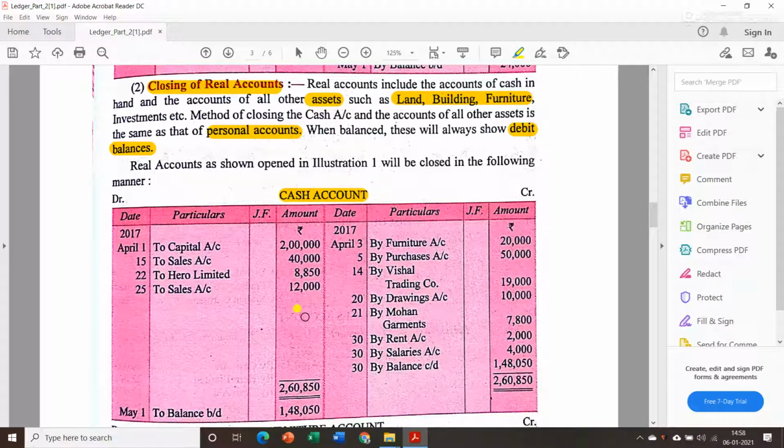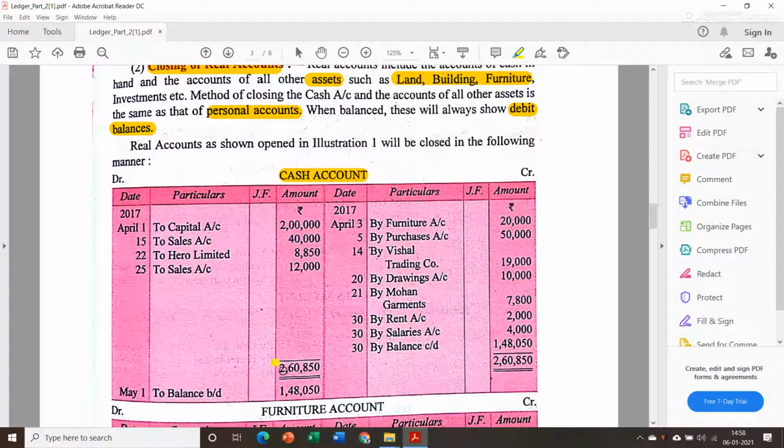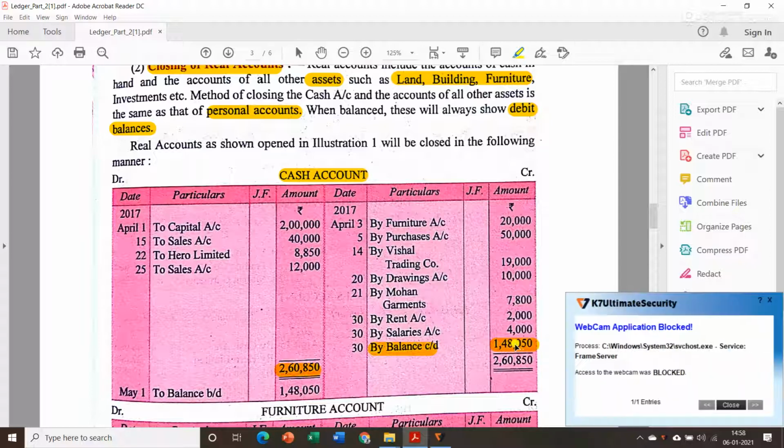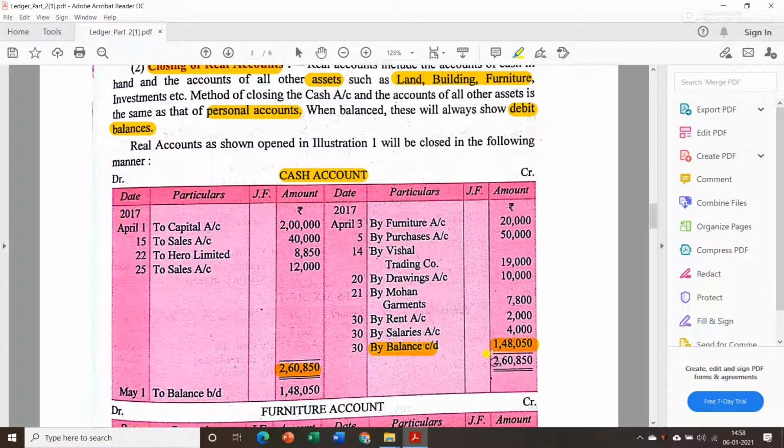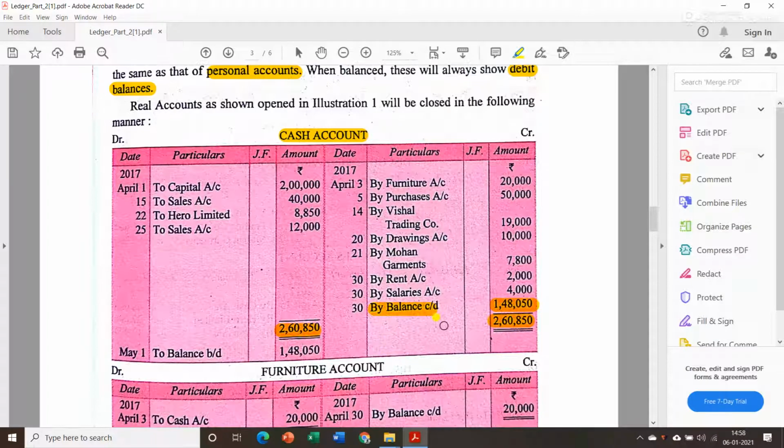Now see, after passing all the entries we have on the debit side 2,60,850 in the cash account, and the credit side we had less than 2,60,850. So in order to equate both the sides, we had balance carried down in here, that is the balancing figure 1,48,050.